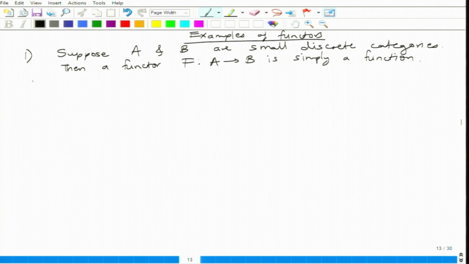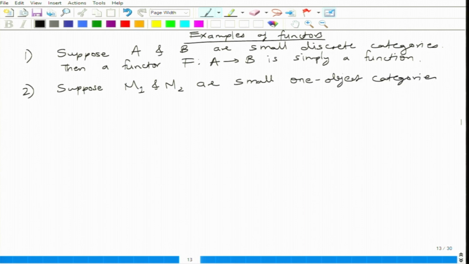Okay. Now another thing, suppose M1 and M2 are small monoids, are small one object categories. Then a functor f from M1 to M2, what will it do?